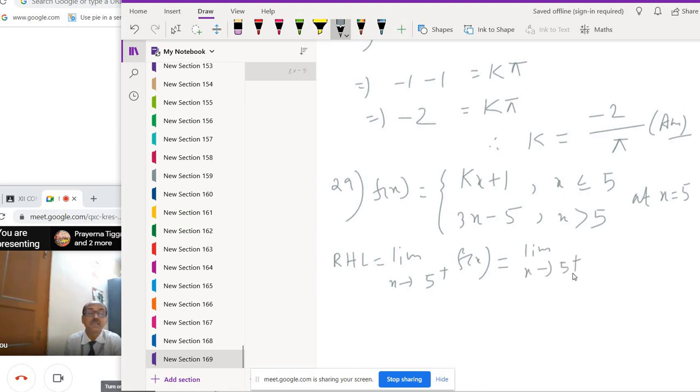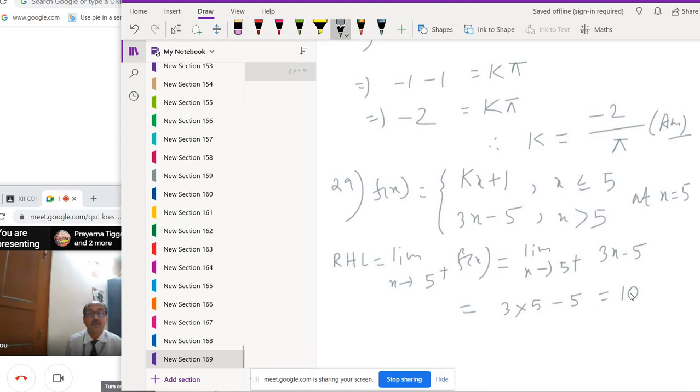And 5 plus means greater than 5, so the function is 3x minus 5. Now put x equal to 5. So 3 into 5 minus 5, 15 minus 5, it is 10.